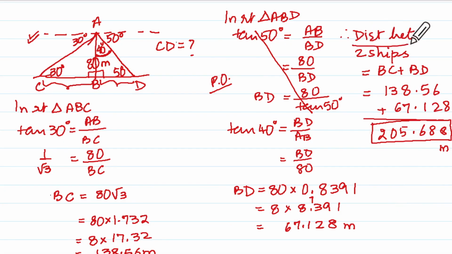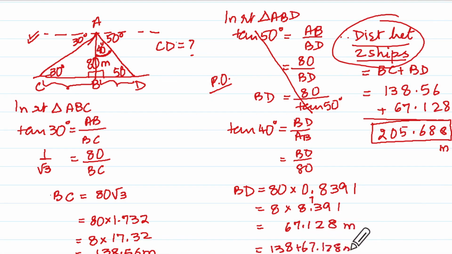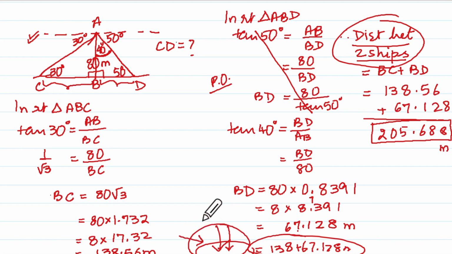Okay, now you have written distance between two ships, so you have written some words. If you don't say this and just write equal to 138 plus 67.128, will you get marks? Tell me, is 67 equal to this? No. You must write what it is. Some of you are only looking at the numbers and do not write this. Again and again, I'm telling you, this is a very common mistake students do.